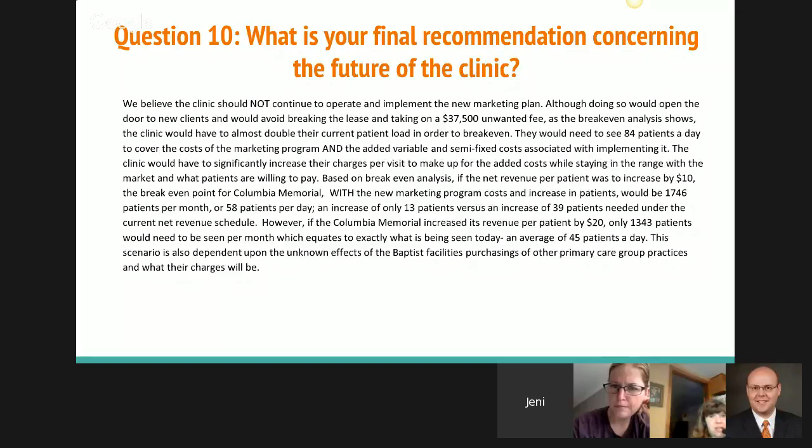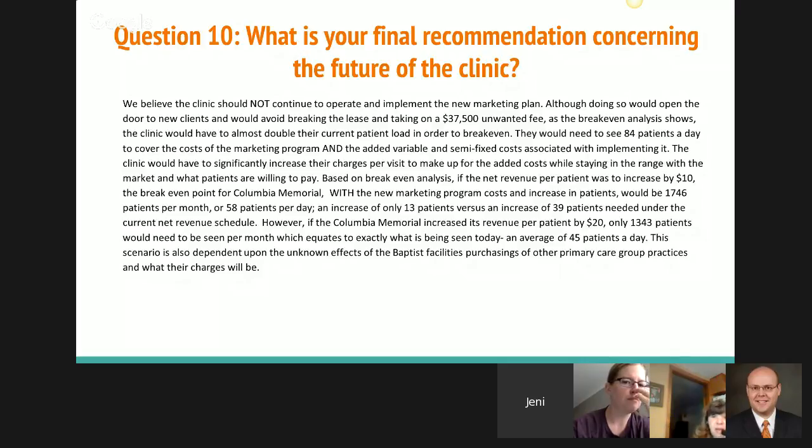Based on break-even analysis, if the net revenue per patient was increased by $10, the break-even point for Columbia Memorial, with the new marketing program costs and increases in patients, would be 1,746 patients per month, or 58 patients per day, an increase of only 13 patients versus an increase of 39 patients needed under the current net revenue schedule.